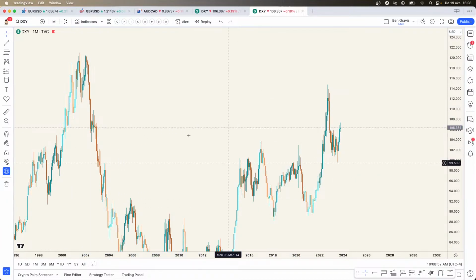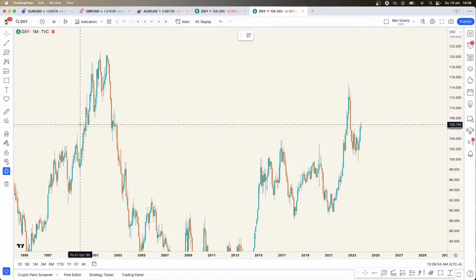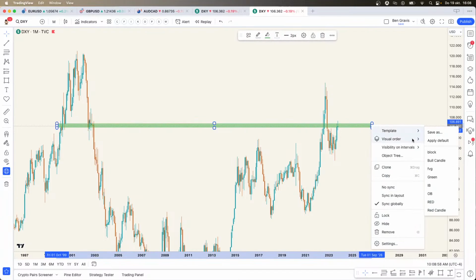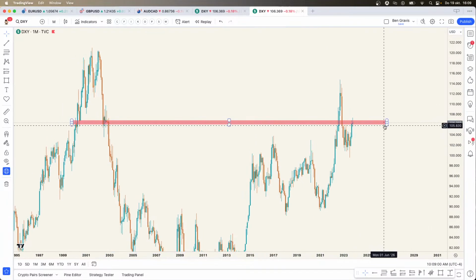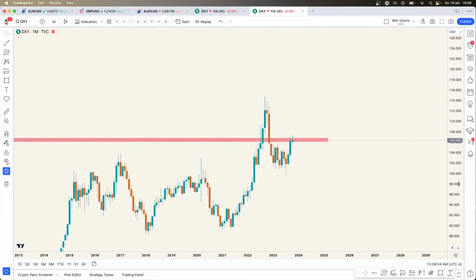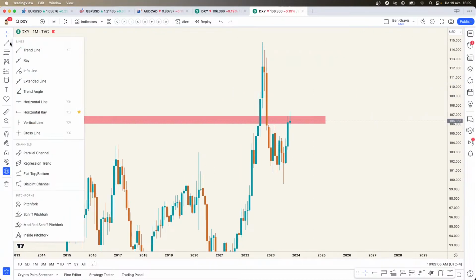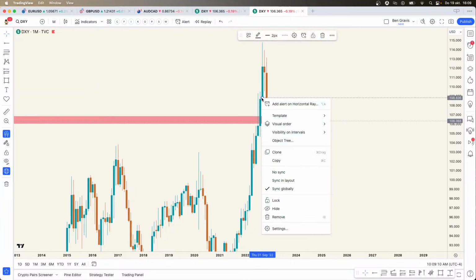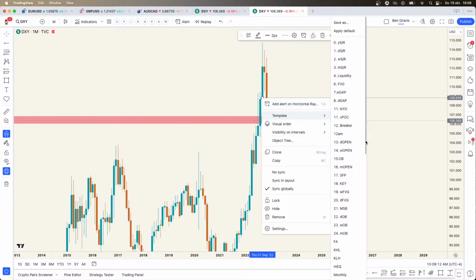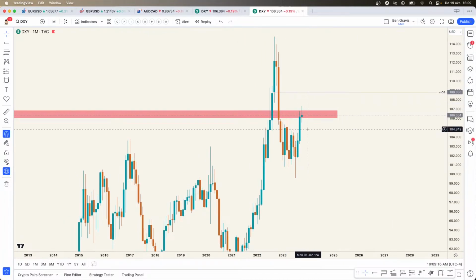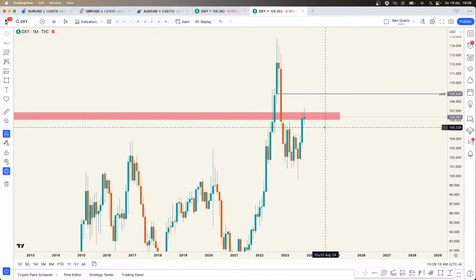Let's just place that one on the chart. Then we have the monthly order block over here. So that is something that we might travel towards in the future.